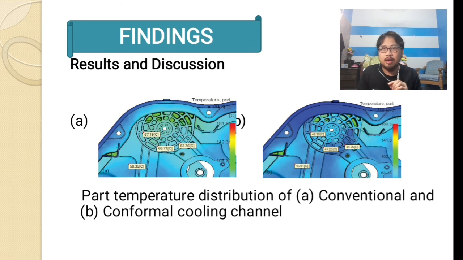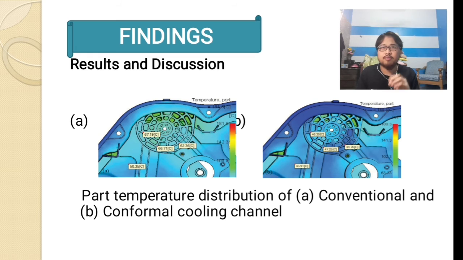You can see the difference: the dark blue region in B is thicker than in A, so the cooling time is short.